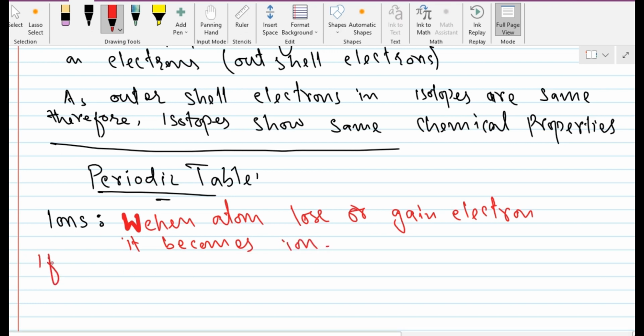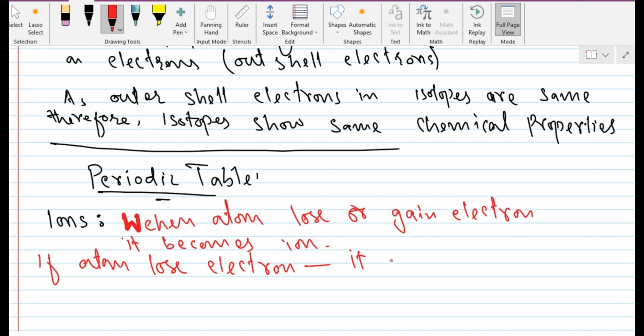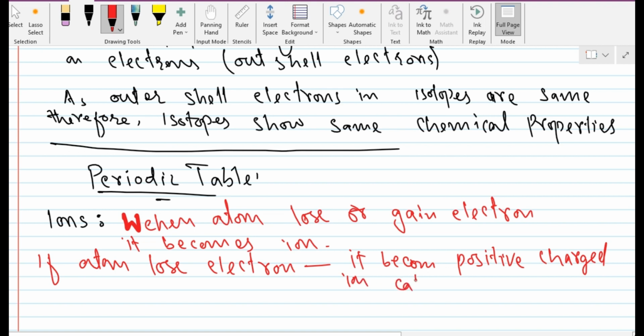If an atom loses electrons, it becomes a positively charged ion, called a cation.